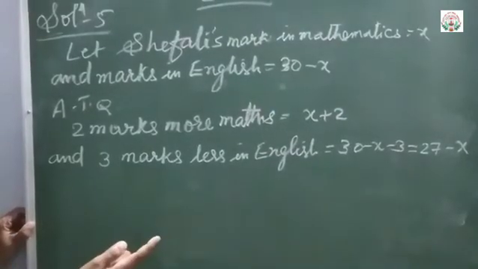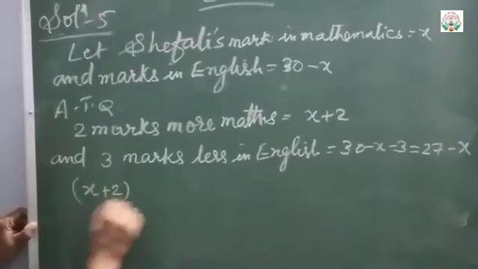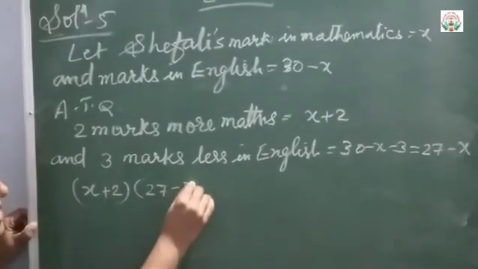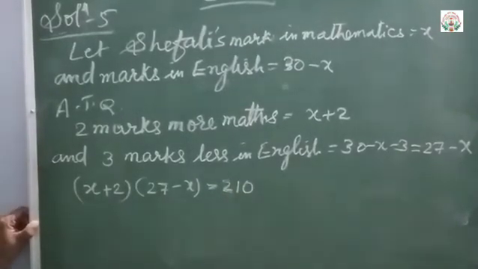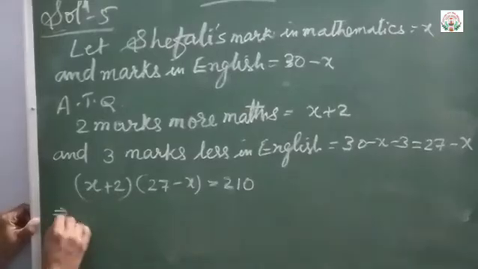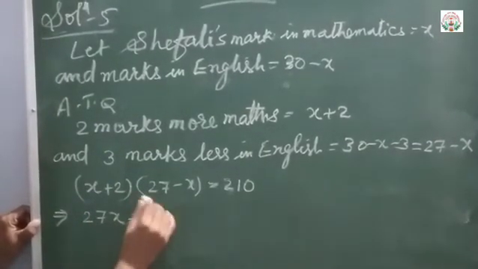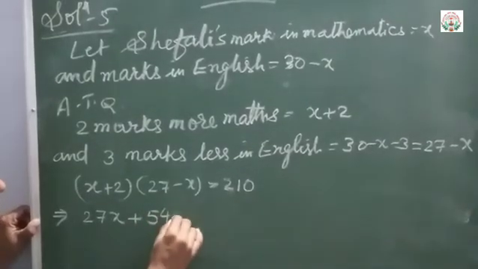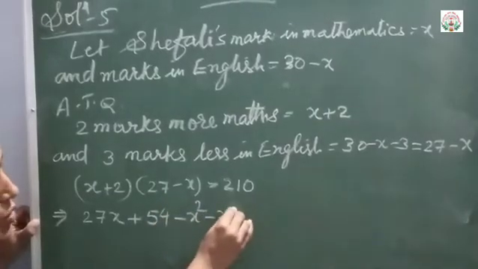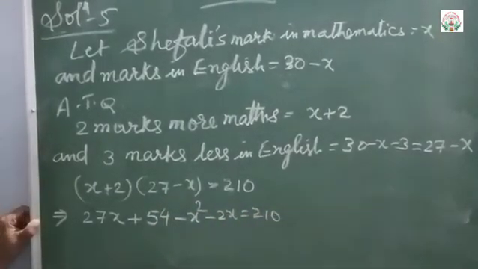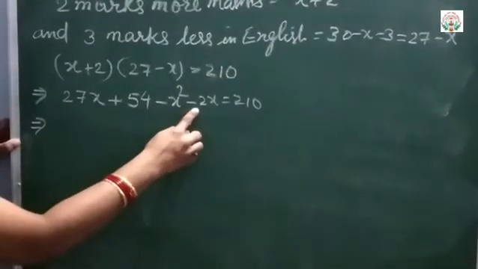Okay. So what will it be? x plus 2 into 27 minus x equals how much? 210. It is given that. Now multiply and see. It will be 27x, then plus 54, then minus x square minus 2x equals 210.